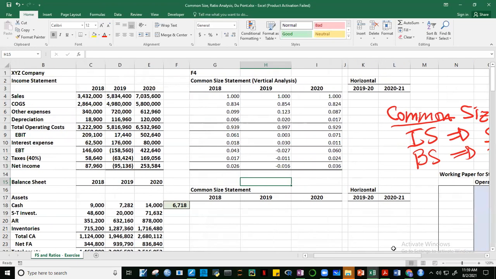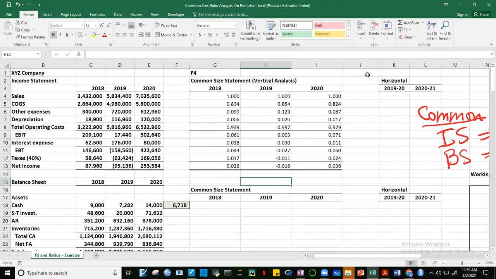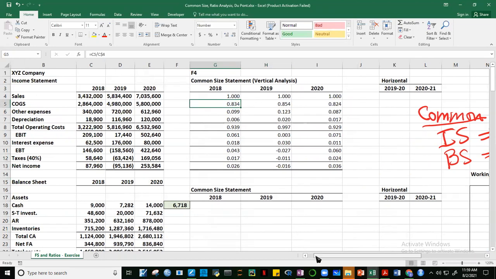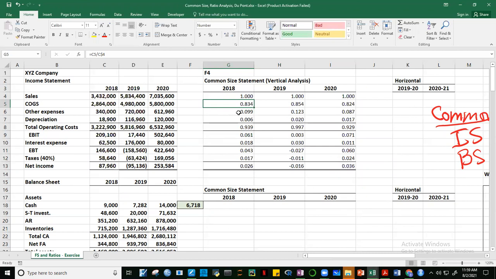Okay? Alright, so ano ibig sabihin nito guys? Ano ibig sabihin ng 0.834? Ibig sabihin yan na for 2018, sa bawat piso ng sales, 83 centavos doon yung cost ng binenta. Cost ng goods na yun. Okay? Sa 2018, ang operating profit is 6 centavos.